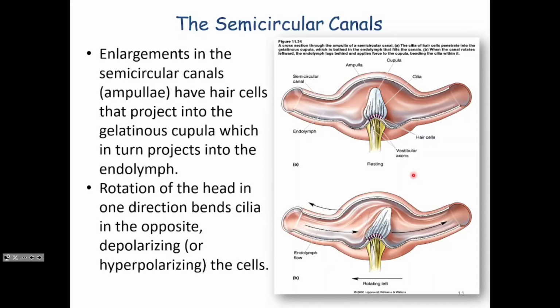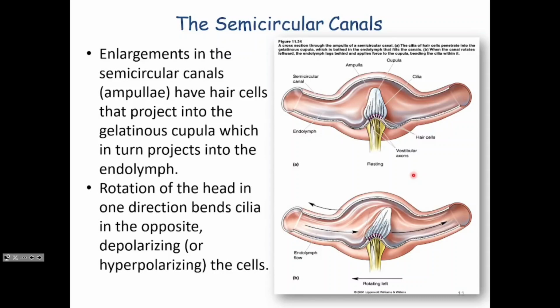That means it is not going to move forward, it would stay at its place. The endolymph within the semicircular canal is not moving, it has inertia because it is heavy. But your right semicircular canal is rotating because your head is rotating. So as it rotates, it is going to hit the endolymph.